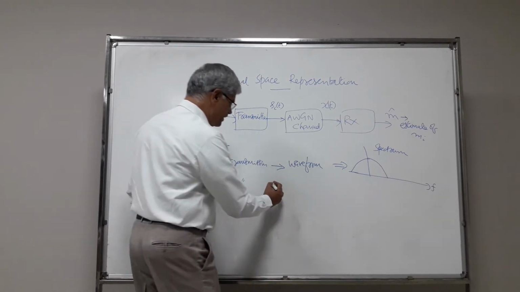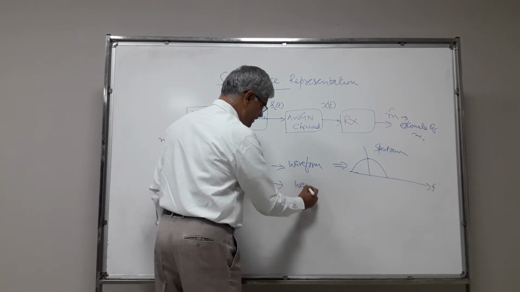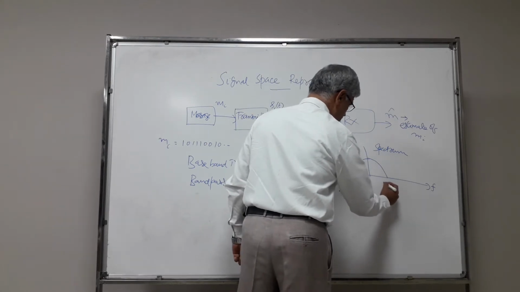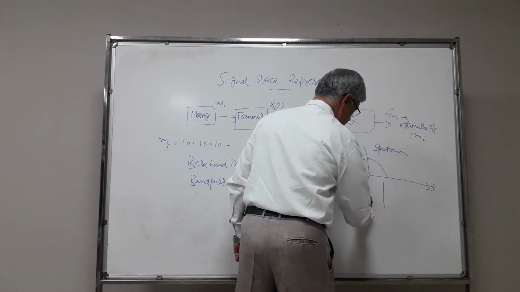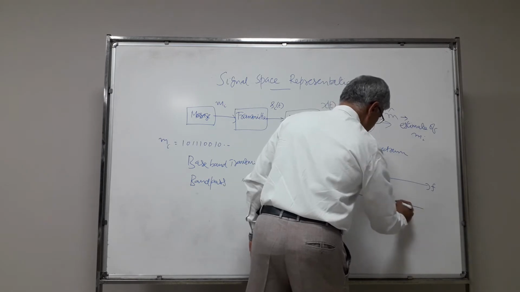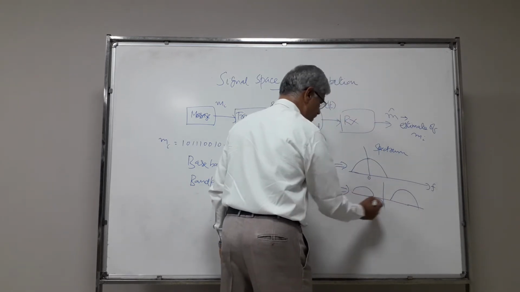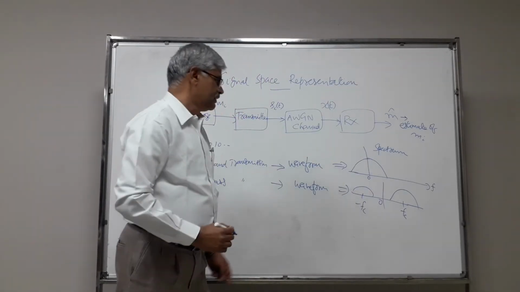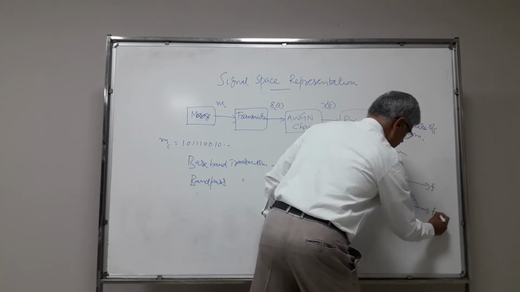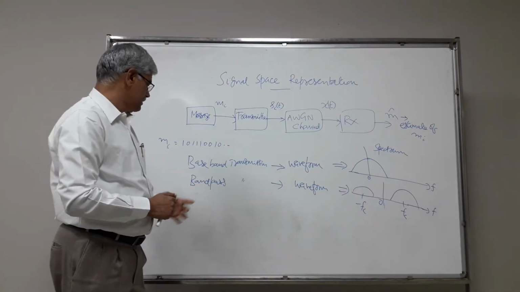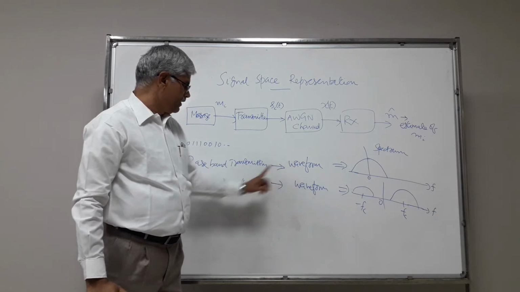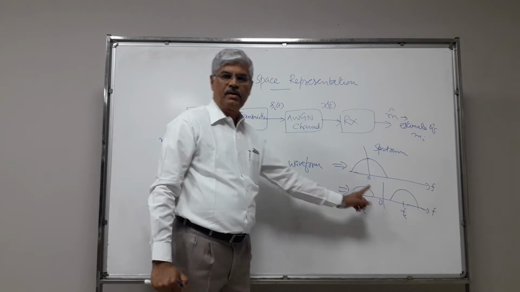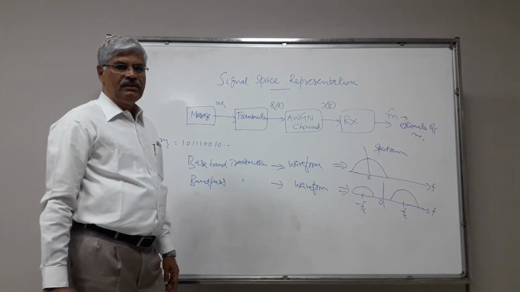In band pass transmission, you will use a waveform whose spectrum is, this is 0, this is again 0, something like this, around some Fc and minus Fc, let us say. So you have two options: select a waveform here, or select a waveform of this type, resulting in a spectrum like that.